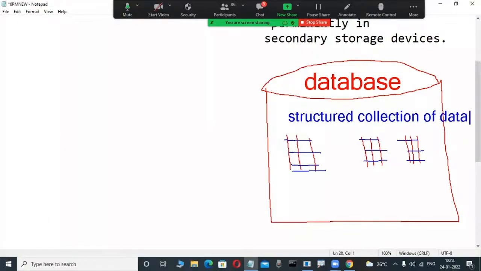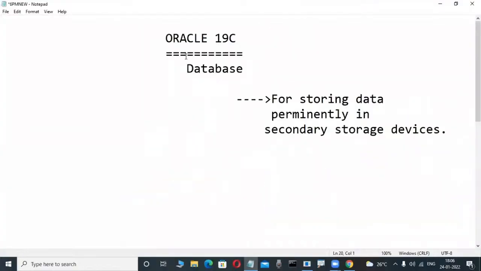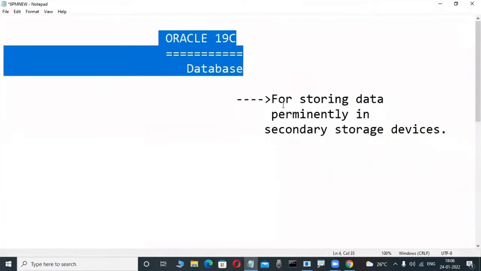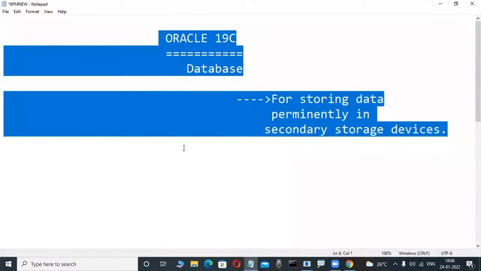Organized fashion only data is stored. Once a structured collection of data is there, for handling and operating this data, which language do we use? Very good: SQL, structured query language. That's why these databases are implemented based on the relational data model. What is that? Today I will tell you.